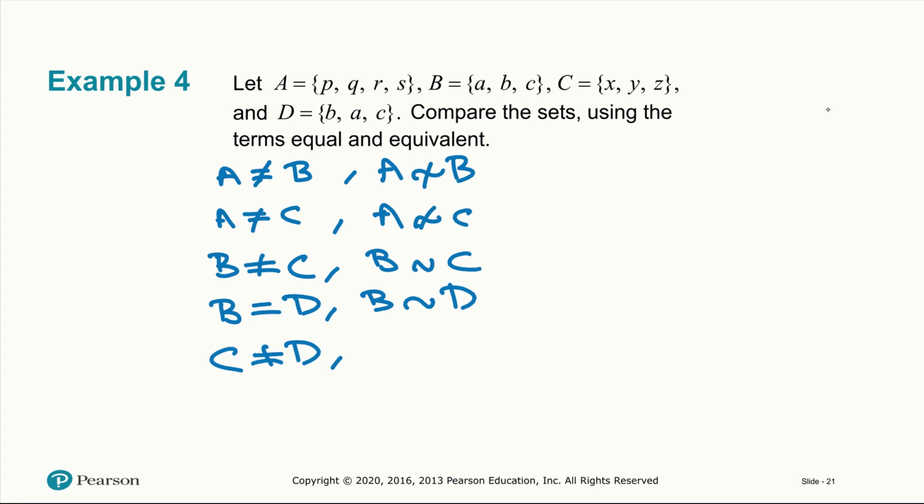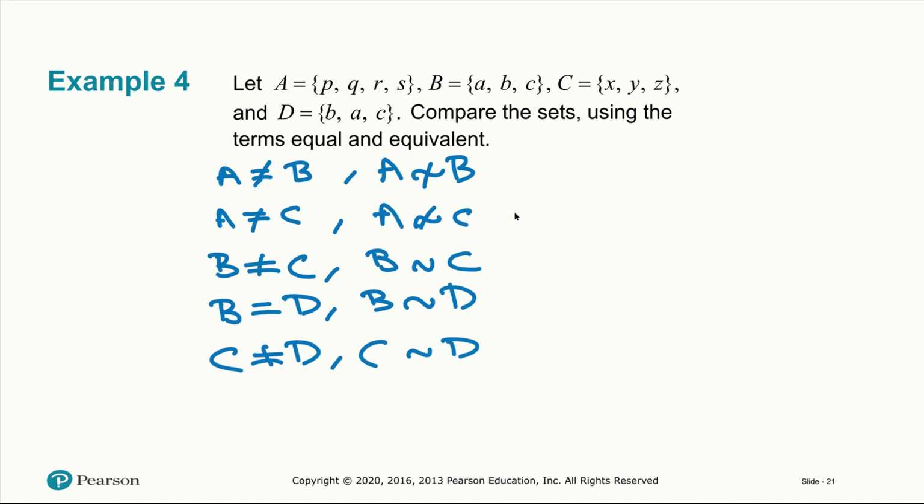But C is equivalent to D. See, if you're clear and systematic about these procedures, you won't miss anything and you will get them all done in the right way. Not that they have to be done in a certain order, but I mean in the right way, I guess.